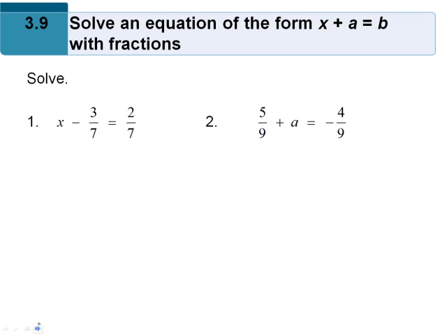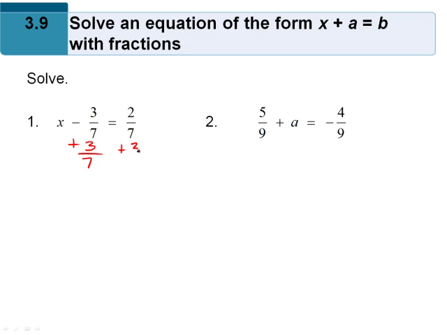Look at this first equation. We have x minus 3/7 equals 2/7. Some people say, oh my gosh, equations and fractions, this is horrible. But you still do it the exact same way you did integers. If we have x minus 3/7, I want to get rid of that negative 3/7 to get the x by itself, so I add 3/7 to both sides.